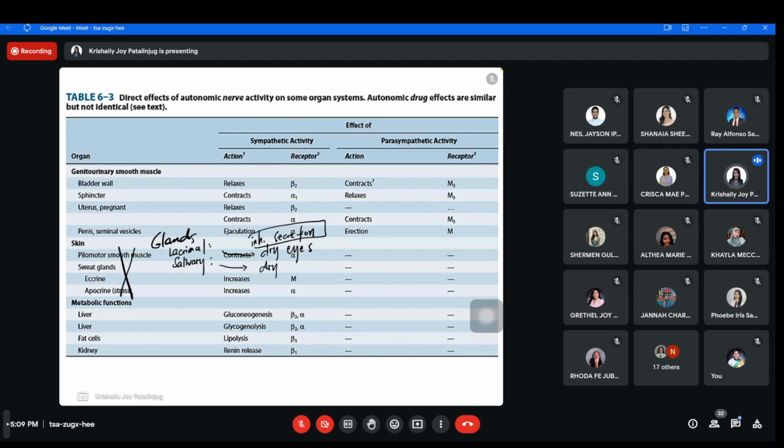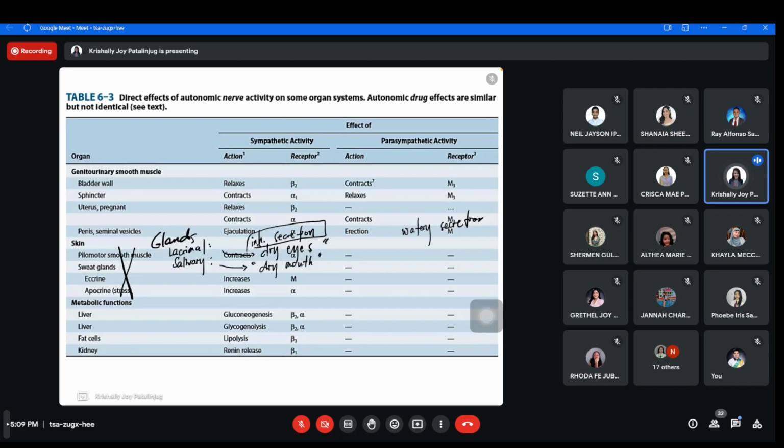Kasi inhibited nga yung secretion, dry mouth. Ayan. Okay, next, for parasympathetic, baliktarin natin. For parasympathetic naman, kung inhibited yung secretion dito, watery secretion.